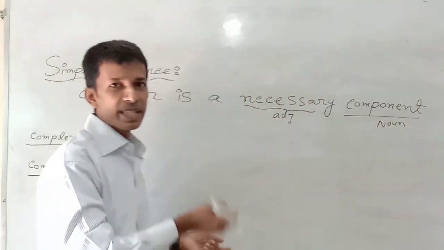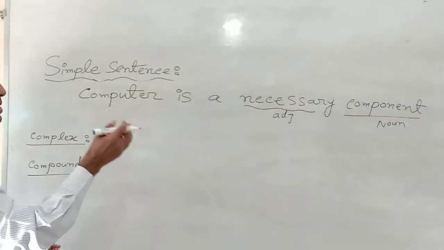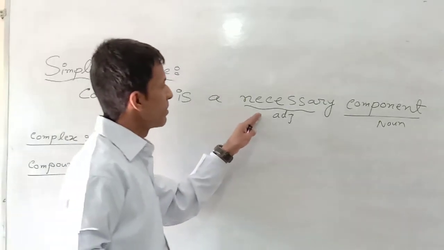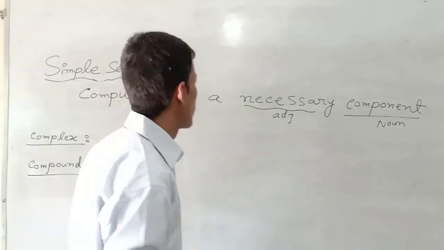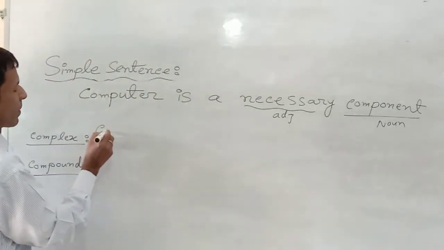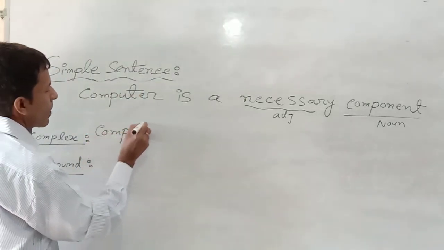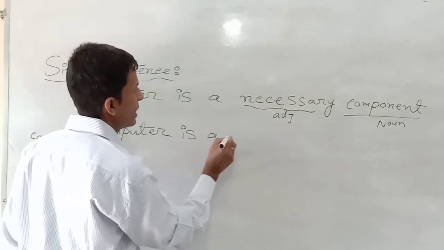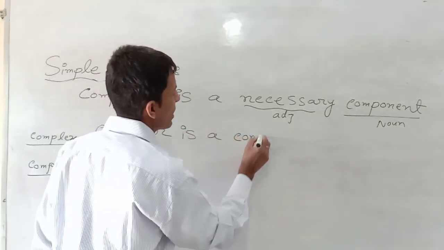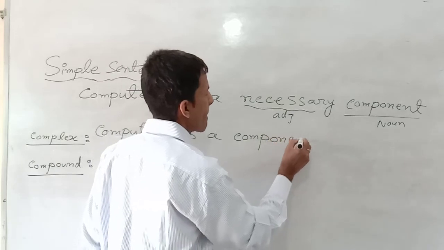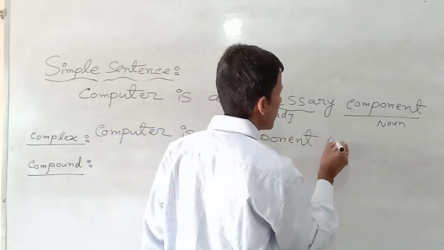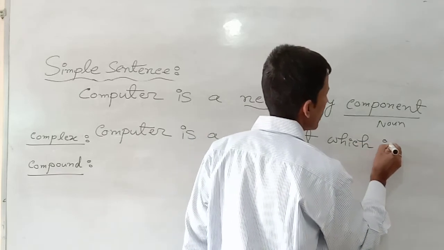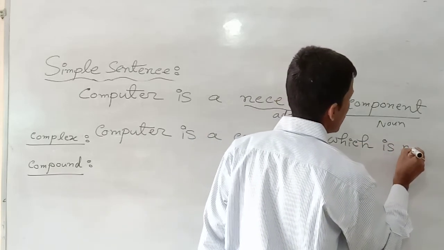So, like the previous example, we will have to transfer the noun into independent clause and the adjective, that means necessary, into dependent clause. Computer is a component which is necessary.